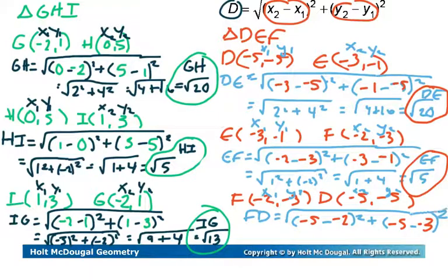Alright, so if we simplify that a little bit, we're going to end up with the square root of negative 5 plus 2, so negative 3 squared. And then we'll add negative 5 plus 3, so negative 2 squared. And so we actually have the square root of 9 plus 4. And so we get the square root of 13 again for FD.